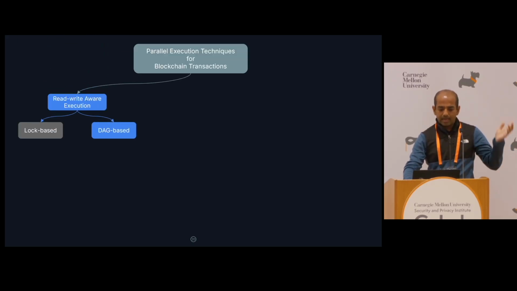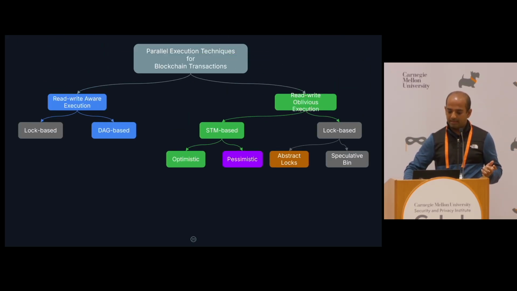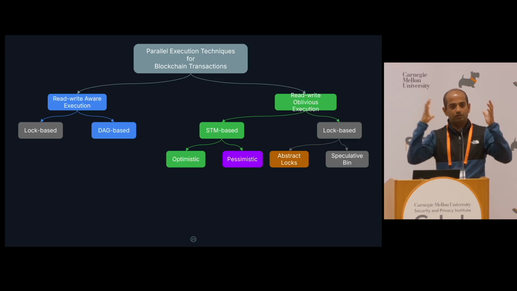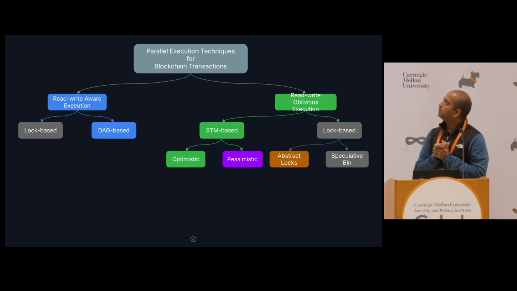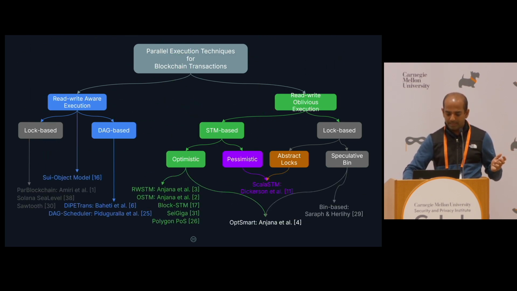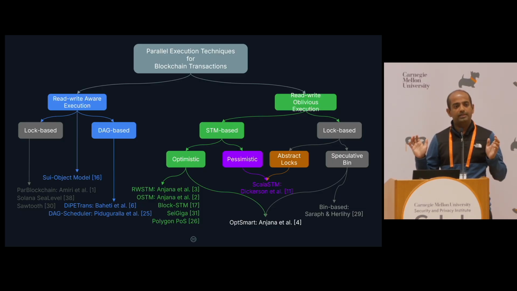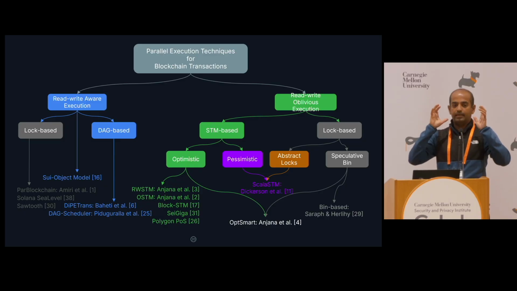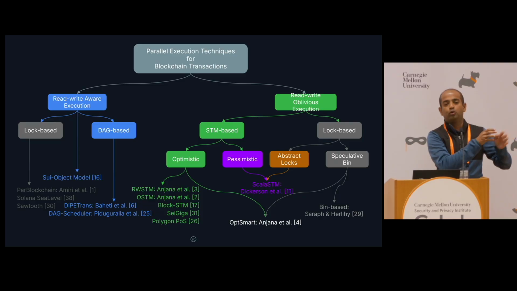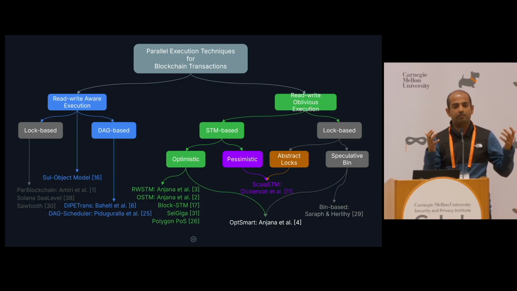I'm giving this taxonomization more to build a mental model of the parallel execution landscape, but it manifests itself in many different ways. Broadly speaking, I think it's useful to think of this as one setting where you do not have any information about the nature of conflicts in a block, and you're trying to execute it in parallel.